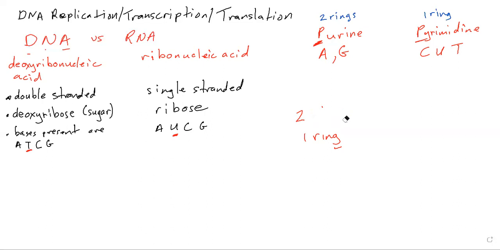Now, in terms of the structure of our nucleotide, the nucleotide is made up of three things. What are they?